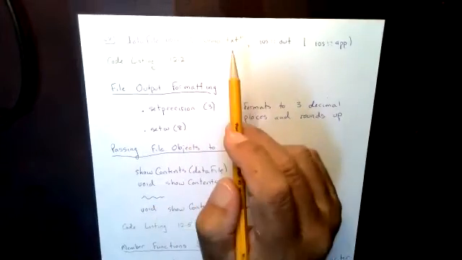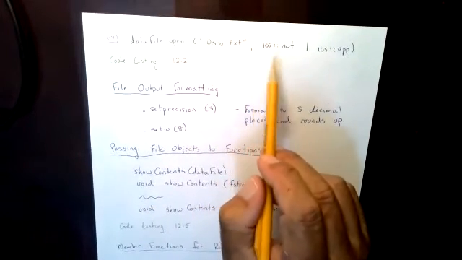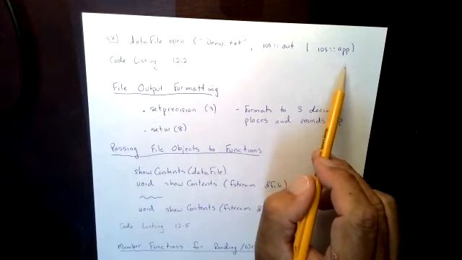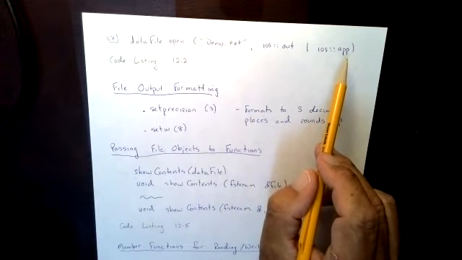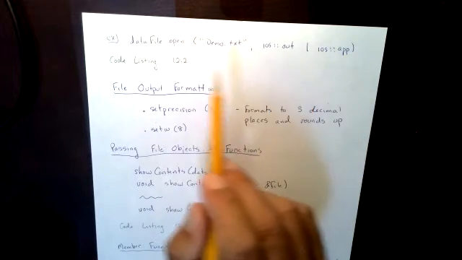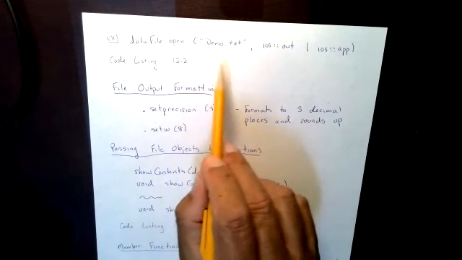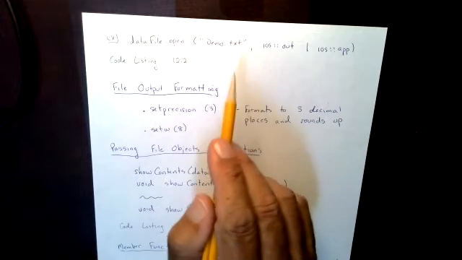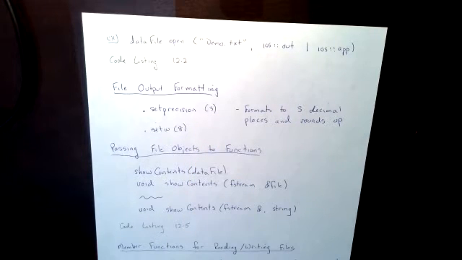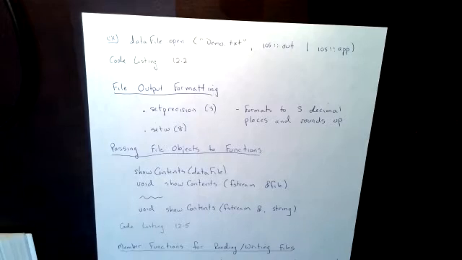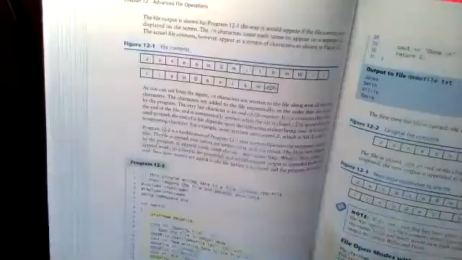Here's an example of opening it for output, as well as wanting to append to the end of the file. In code listing 12.2, when you looked at it, it opened the file, wrote some stuff to the file, and closed it. Then it opened it a second time and appended to the end of it. Instead of me having you pull it up, I will grab it quickly out of my book.